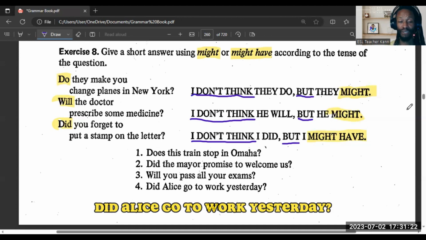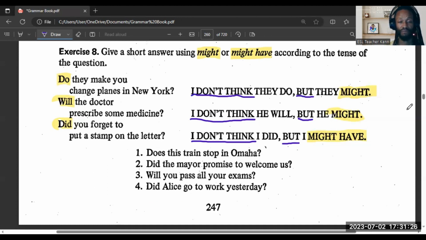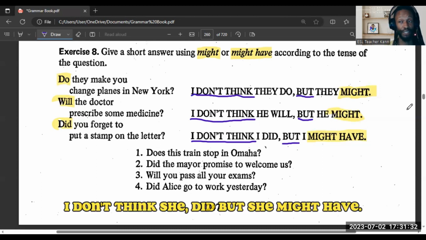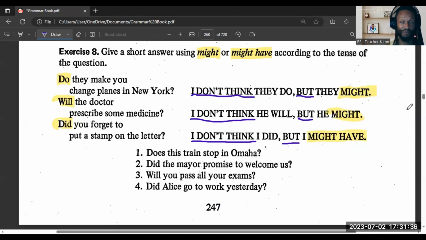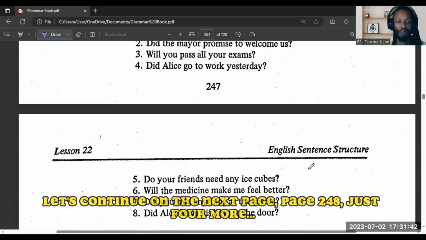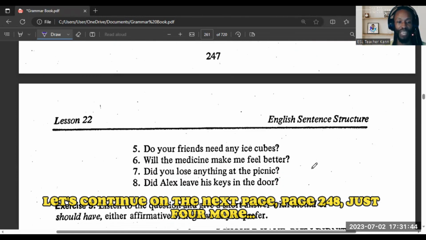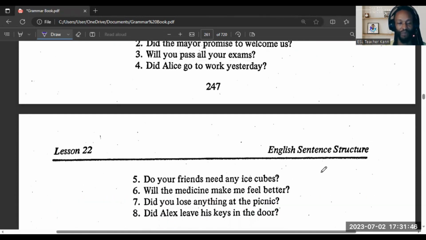Did Alice go to work yesterday? I don't think she did, but she might have. Let's continue on the next page, page 248, just 4 more.